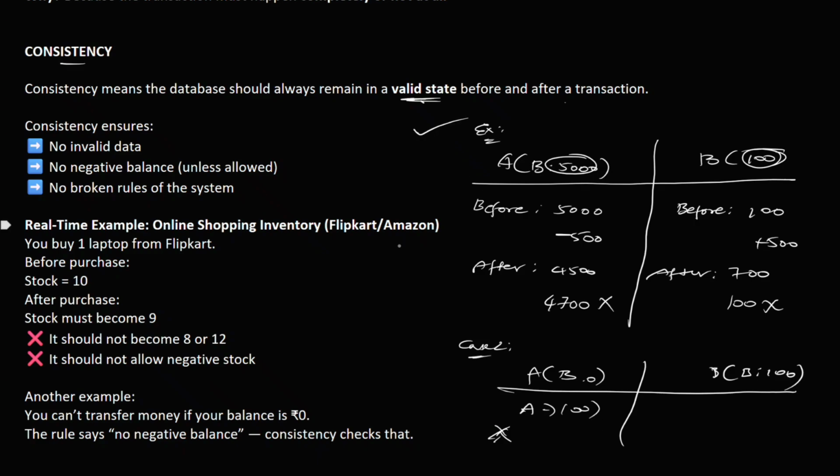If there is no consistency rule followed, then even if 500 gets deducted from your account, it will show some invalid bank balance, and even if you have 0 rupees in your bank, it will transfer 100 rupees. So because of consistency, the data should be in a valid state before and after the transaction.